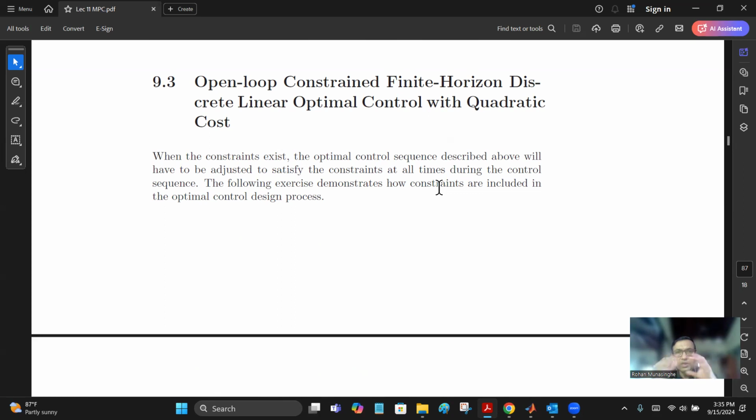Now, how do we introduce the limits into this control signal and then recalculate a sequence within the constraint? Well, again, if you go back to optimization, not necessarily controls, but optimization, this is a very standard practice. You need to have constraints, right?